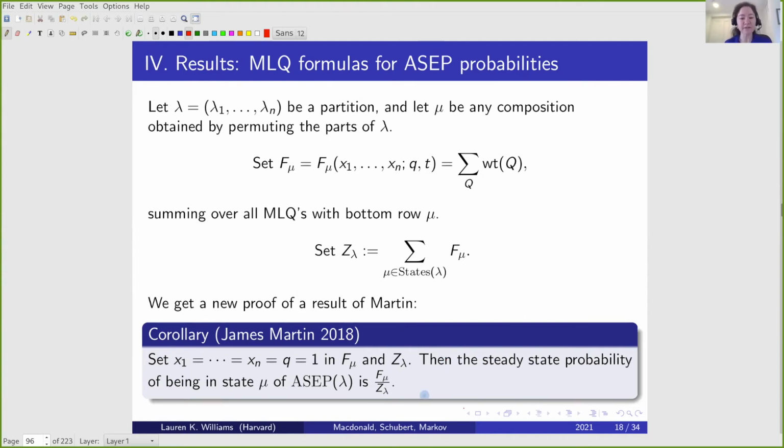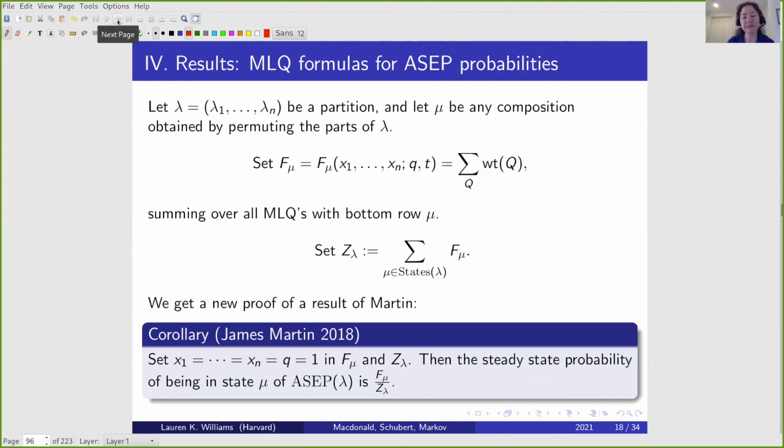So what you do to understand the steady state probabilities is you specialize all the x_i's and the q's to be 1, but you use these quantities f mu and z lambda. F mu is the generating function for multiline q's whose bottom row is mu, and z lambda is the sum of all of the f mu's, where mu varies over your states. And then your steady state probability of being in state mu of the ASEP is f mu over z lambda.